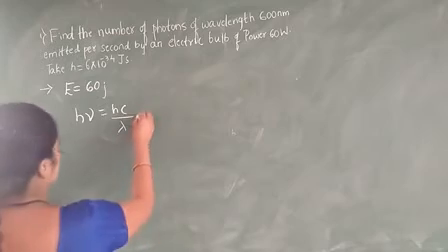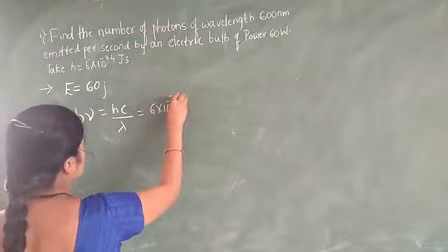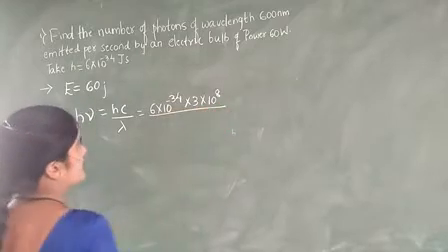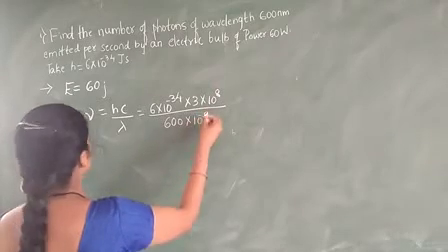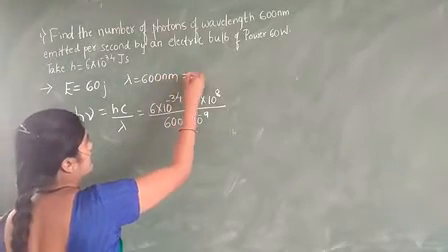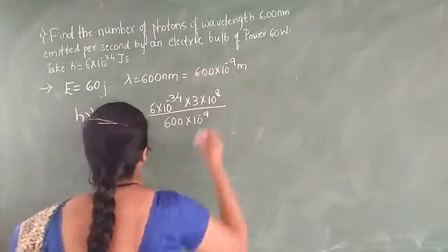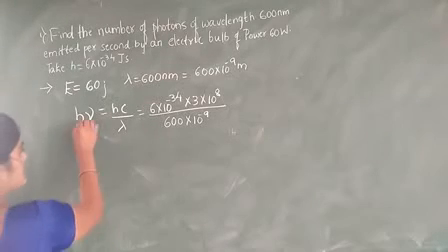Put all the values: 6 into 10 raised to minus 34 into 3 into 10 raised to 8 divided by lambda, 600 nanometer, that is 600 into 10 raised to minus 9 meter. For the calculation part of h mu, we can keep it as it is. Now let us consider h mu is equal to this one.